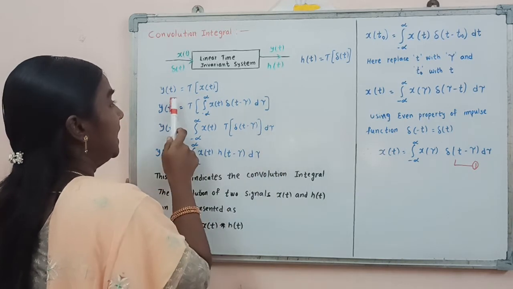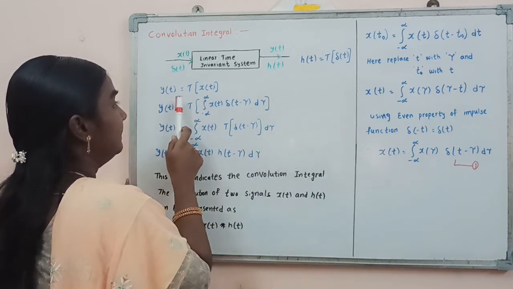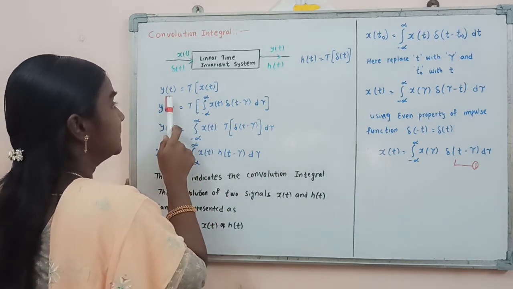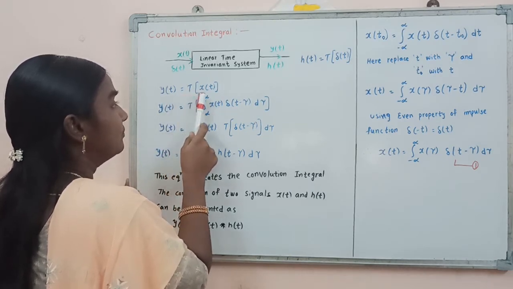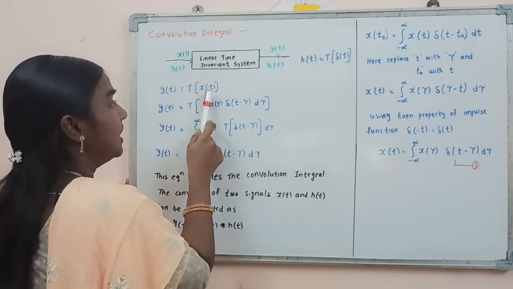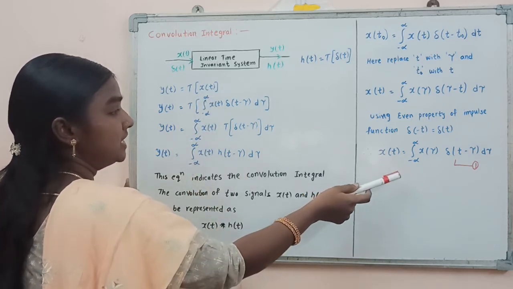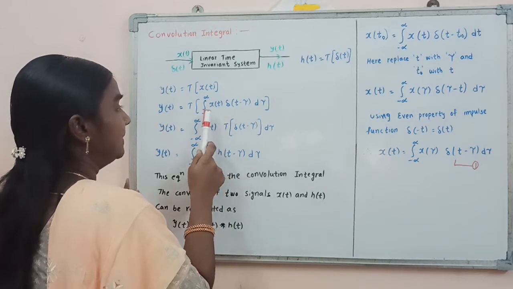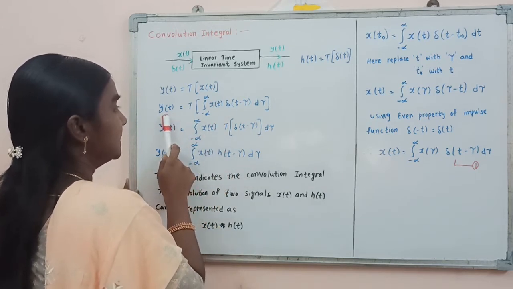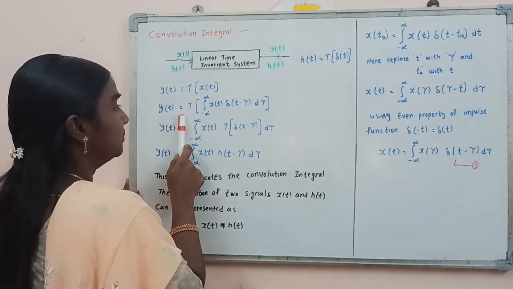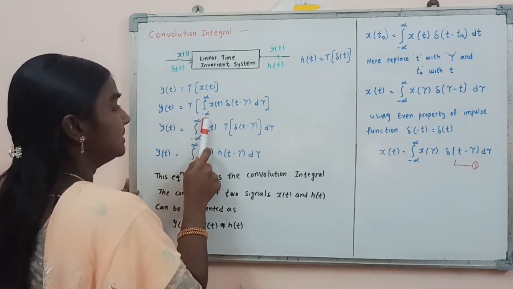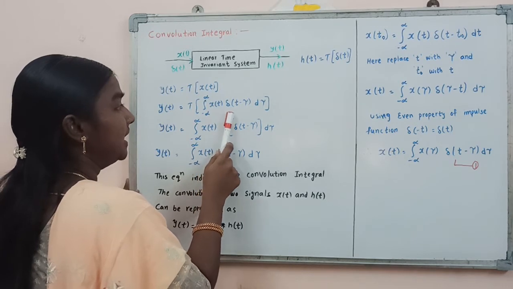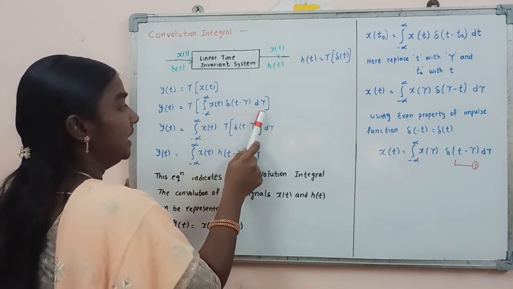Now, the input-output relationship can be represented as y of t will be equal to transformed form of x of t. Now, in place of x of t, we may substitute equation number 1. So, the equation can be changed as y of t will be equal to transformed form of integral minus infinity to plus infinity x of tau delta of t minus tau d tau.